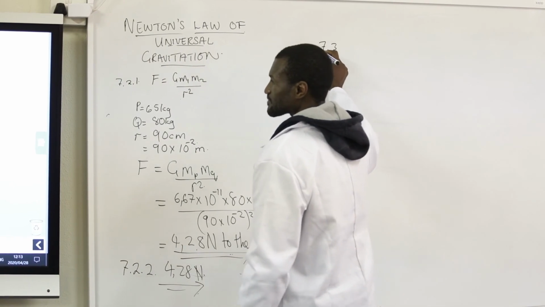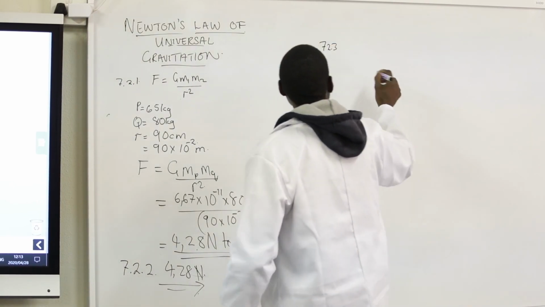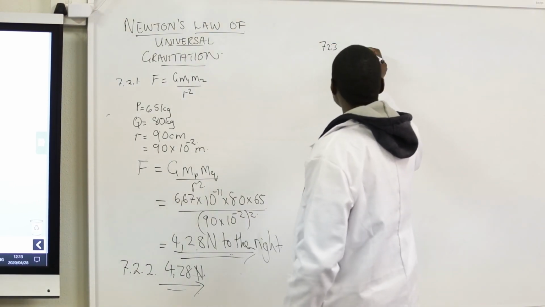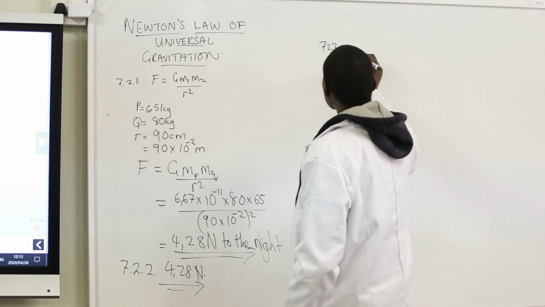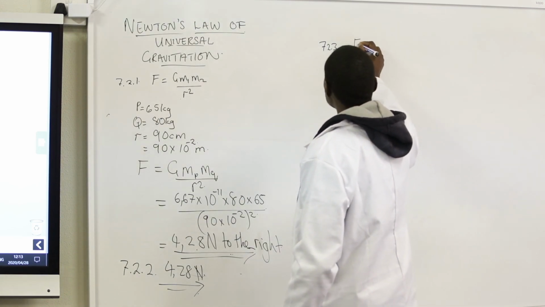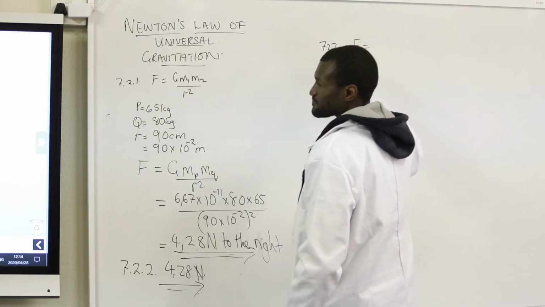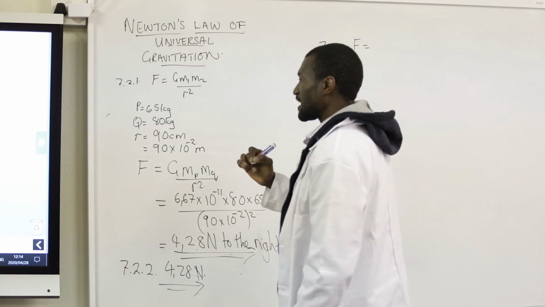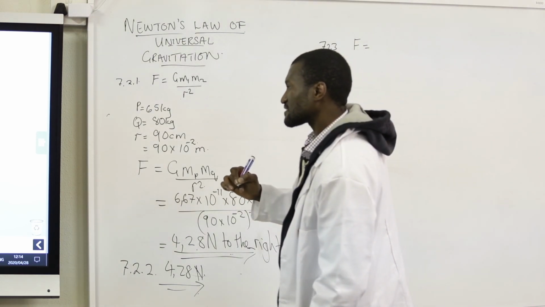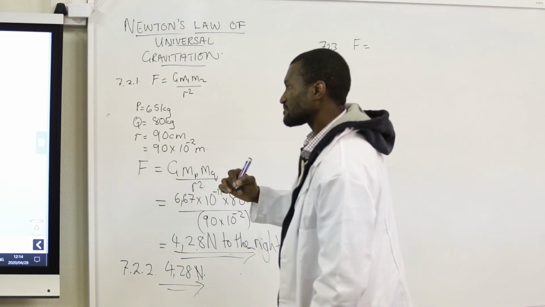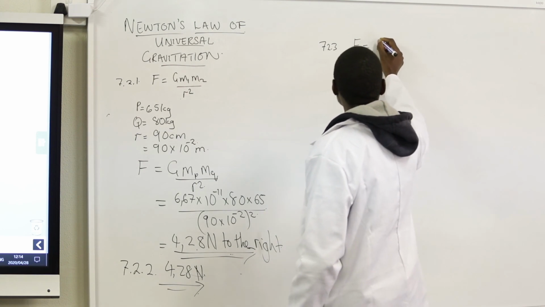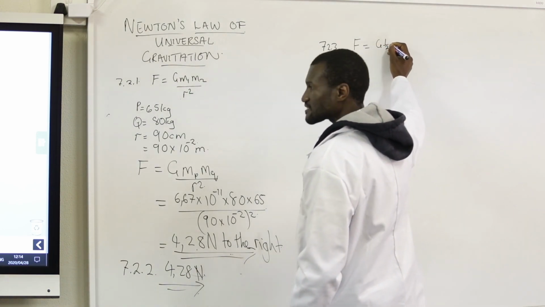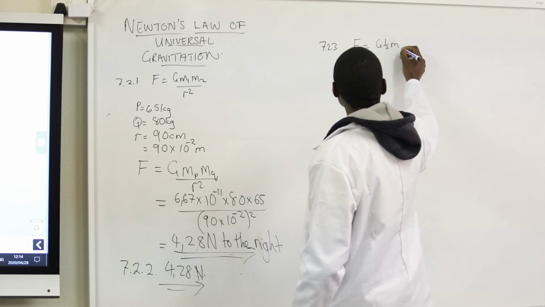7.2.3. I am going to simply say, okay, what is happening here is that for my F, half the original mass, all right, G is still the same, so there will be half the original mass, okay?